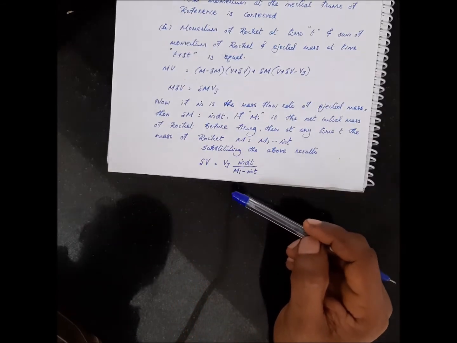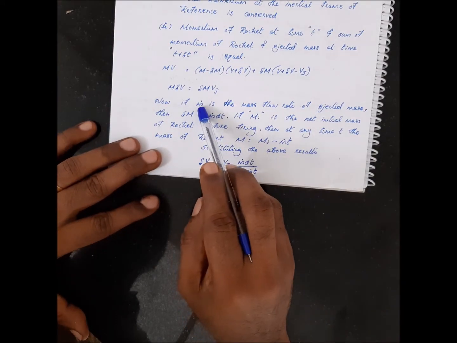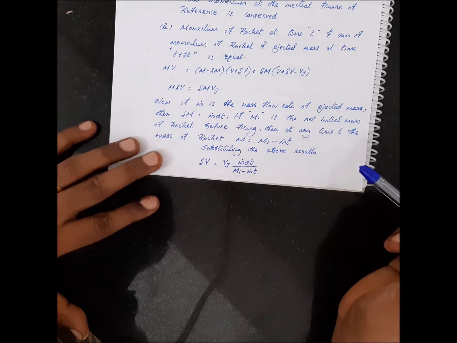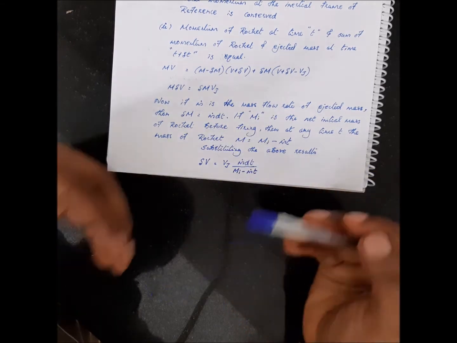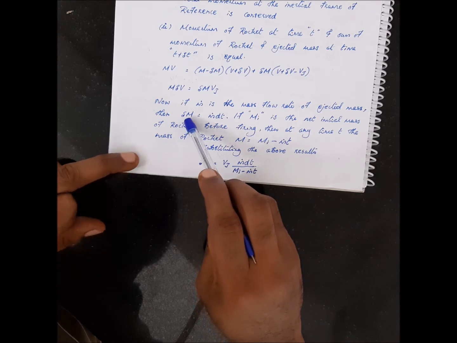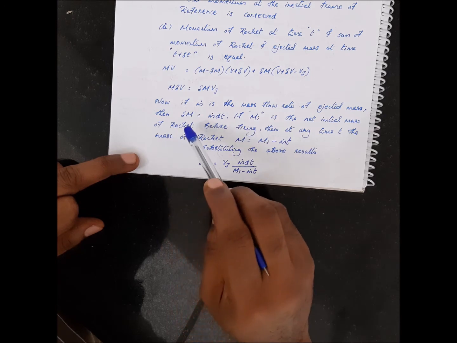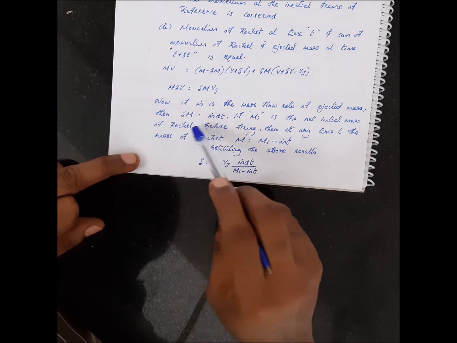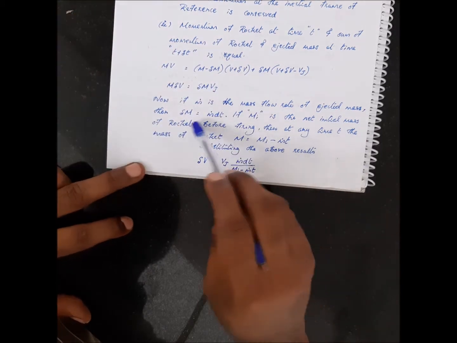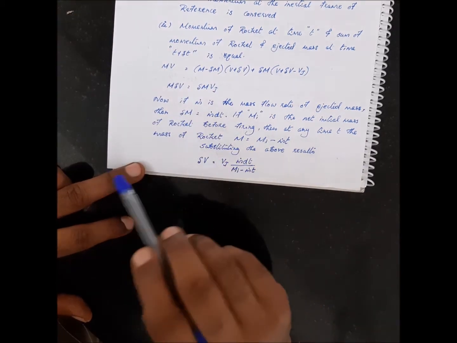Now we're going to use another term, m dot, which is nothing but the mass flow rate of the ejected mass. If m dot is the mass flow rate, then this delta m, the mass of propellant which is ejected, is equal to the mass flow rate into that small time instant dt. So m dot dt happens to be delta m.